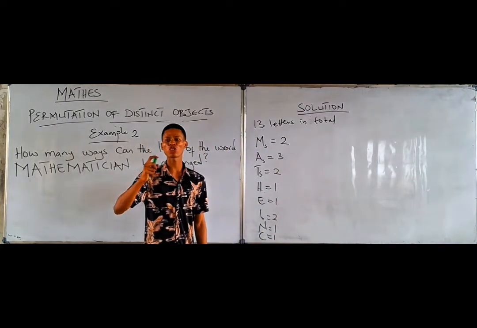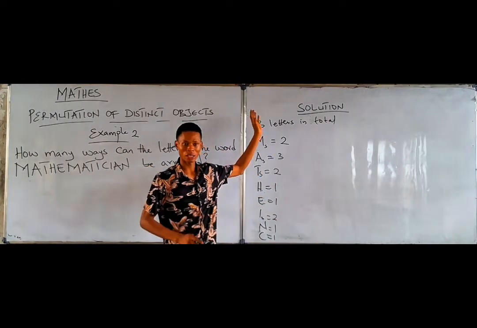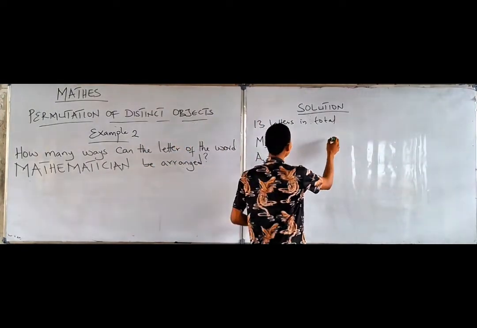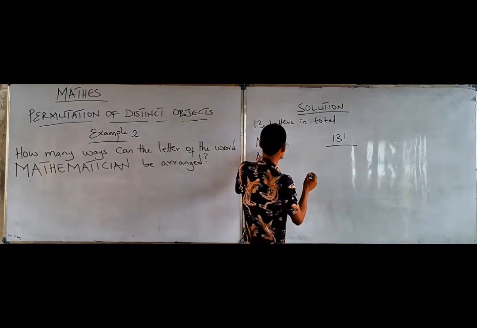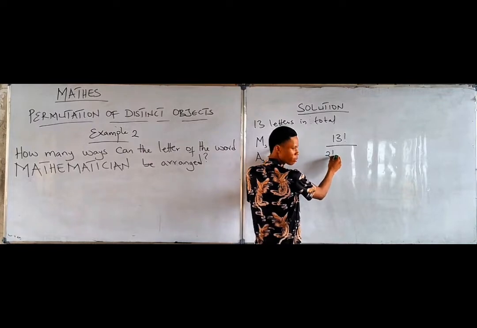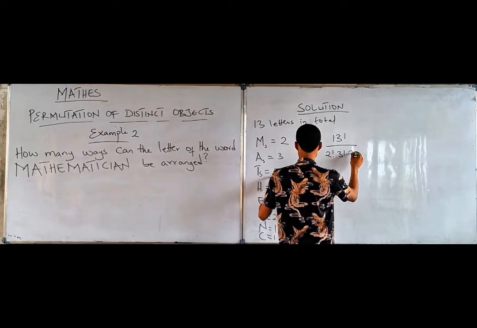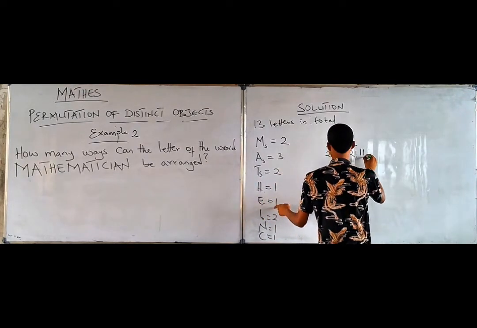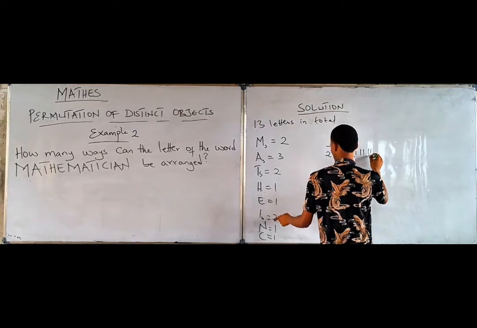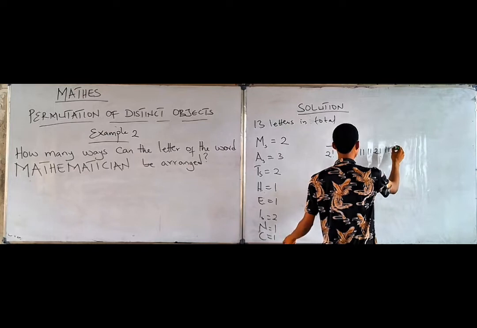And remember, permutation of distinct objects. You just take the total all over. So here we'll be having 13 factorial all over 2 factorial times 3 factorial times 2 factorial times 1 factorial times 1 factorial times 2 factorial times 1 factorial times 1 factorial.